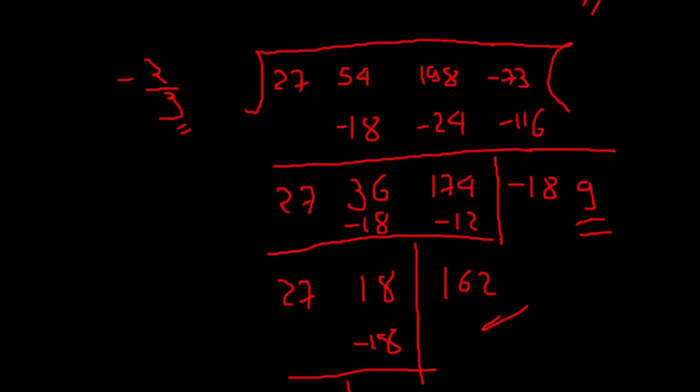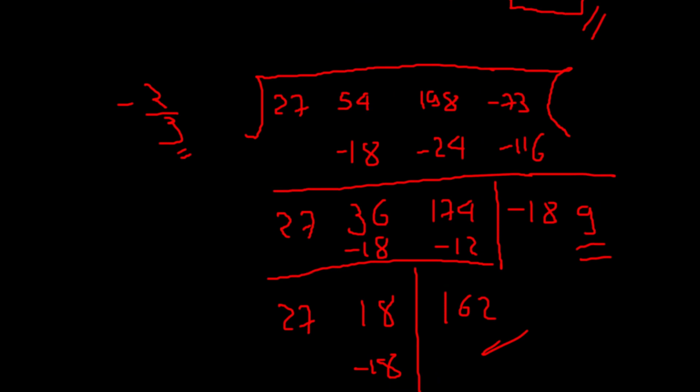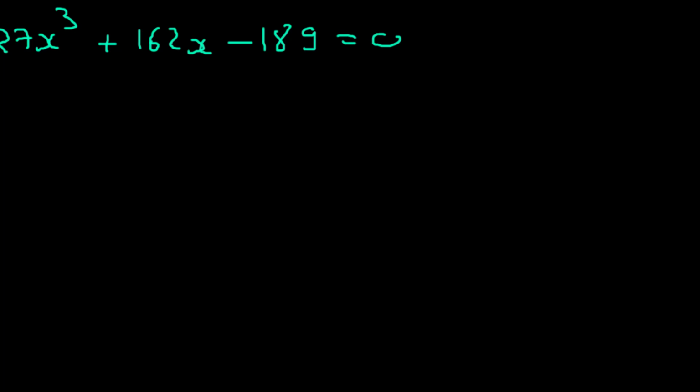Let's write our newly formed equation. It is 27x to the power 3, and since the power 2 term is removed, plus 162x minus 189 equals 0. That is the new equation.